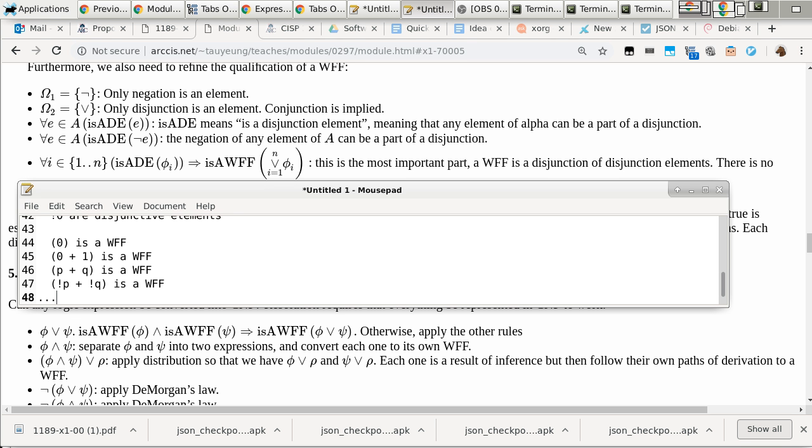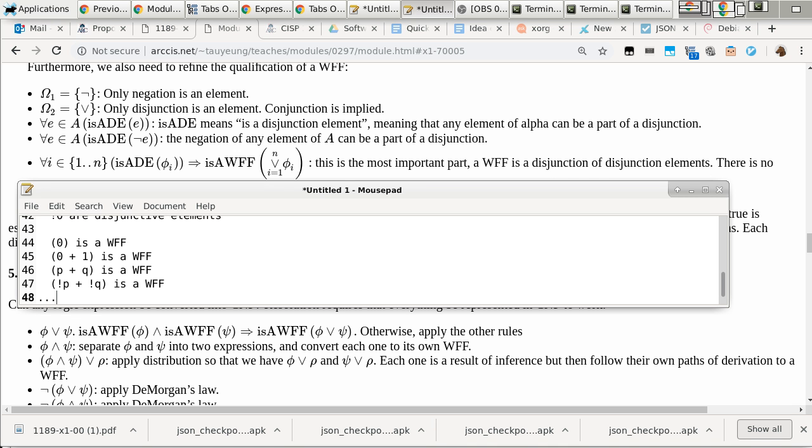So I just extend the definition to say that that is also well-formed, so I don't have to always have that plus 0 when I have a single thing on that side. Is that okay so far?